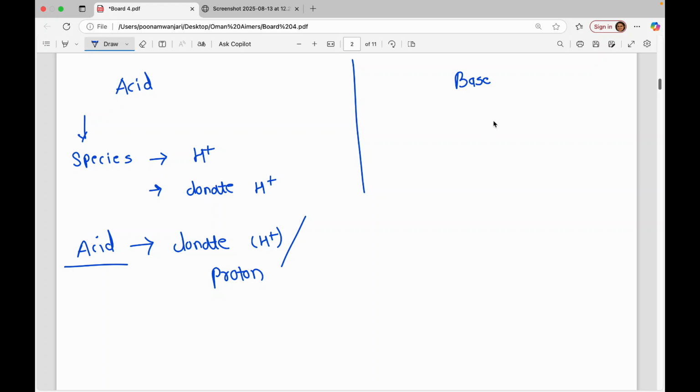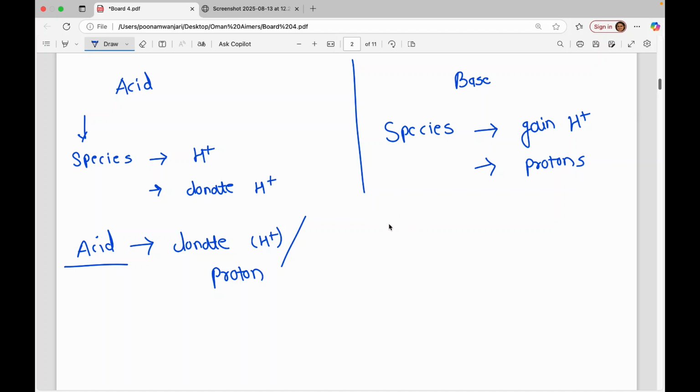Next, the base. According to Bronsted and Lowry, a base is a species which gains H+, that means it gains a proton.